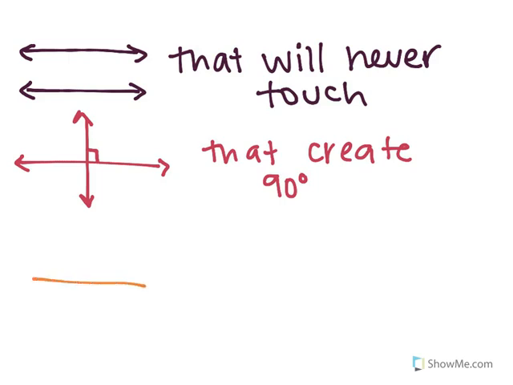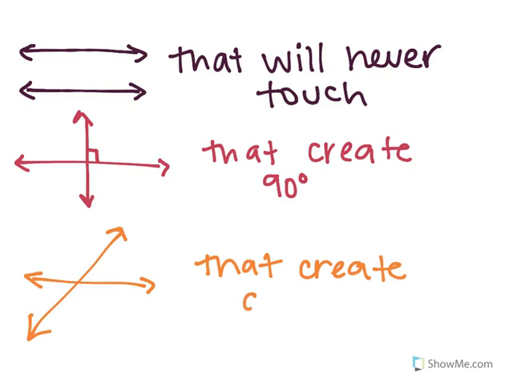Or you could have intersecting lines that create acute and obtuse angles.